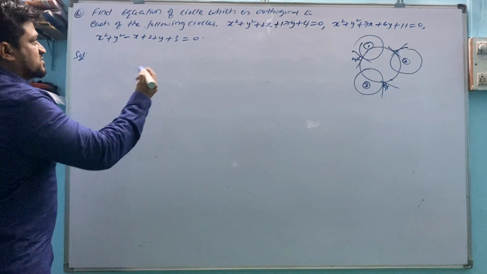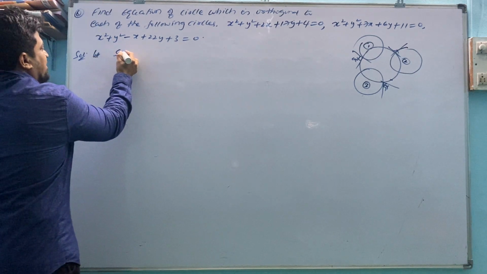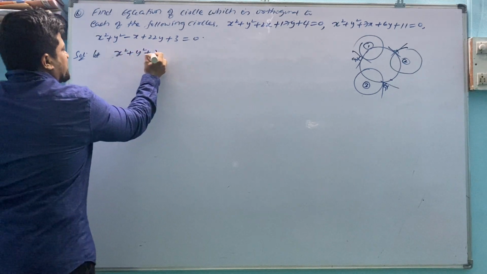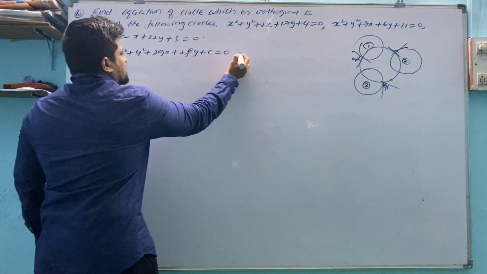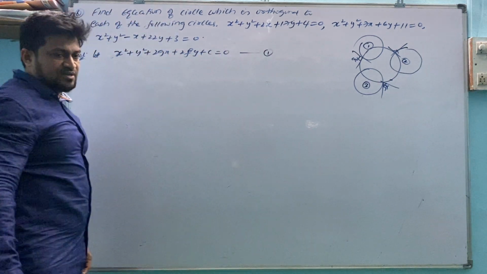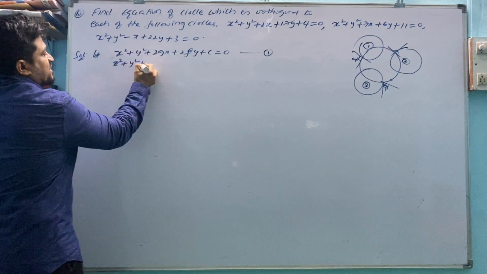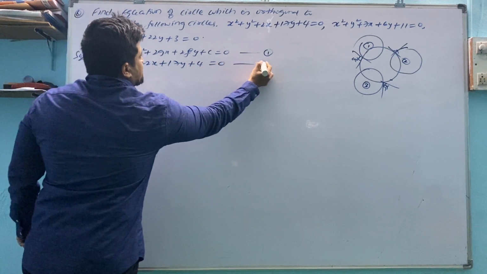What we have to do first: write whatever equation we have to find, let it be S, or just take x square plus y square plus 2gx plus 2fy plus c equals 0 as our required equation. Then the given circles: x square plus y square plus 2x plus 17y plus 4 equals 0.